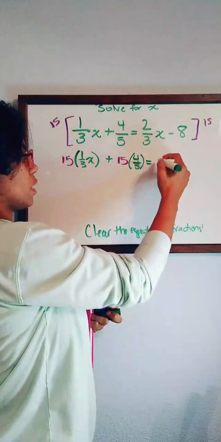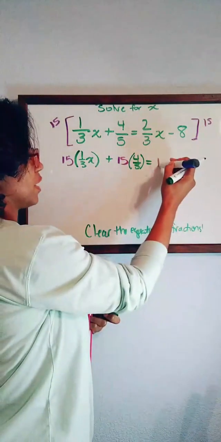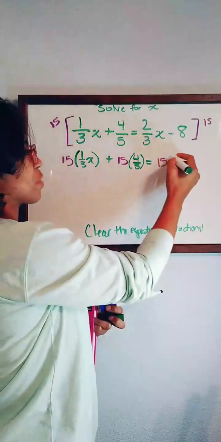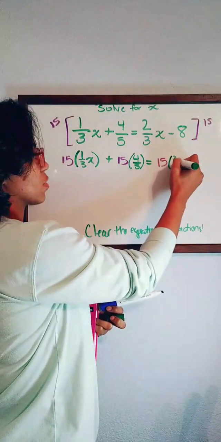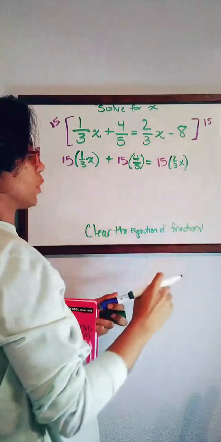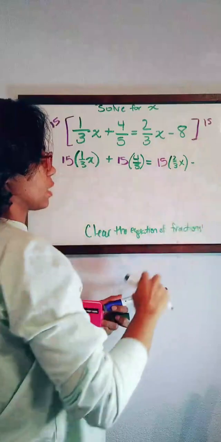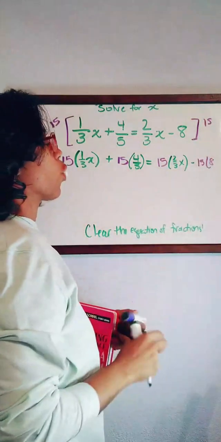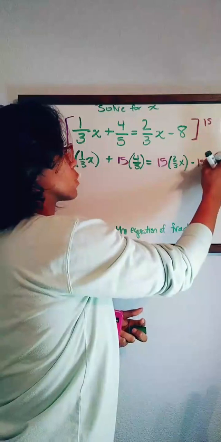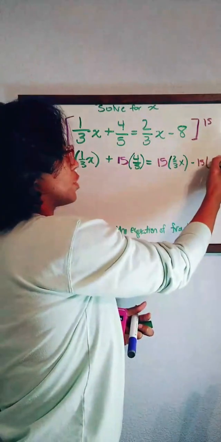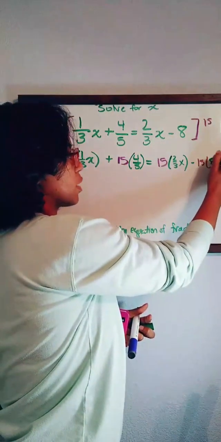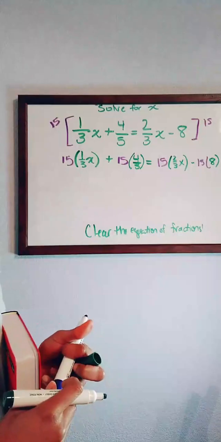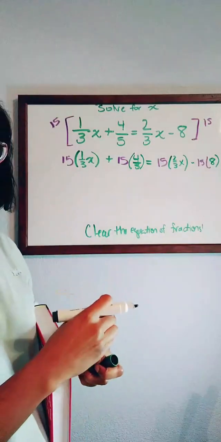Girl, where's the purple? 15 times 2/3 x, just so you can see what I'm doing, minus 15 times 8. All right, and then all you would do from here is just simplify, okay? Once you multiply, all the fractions are going to be eliminated.